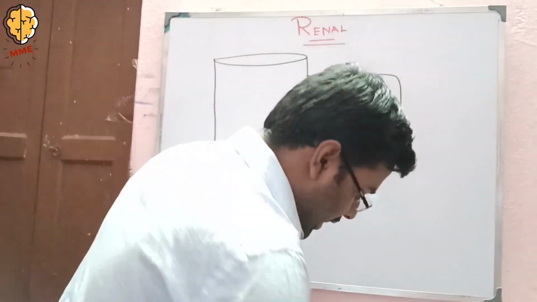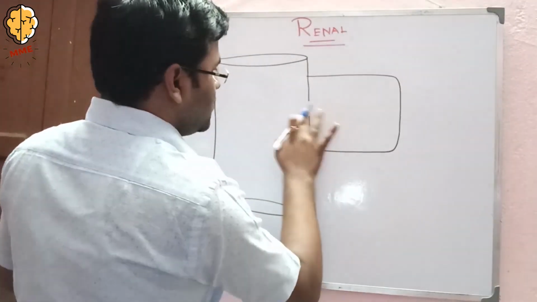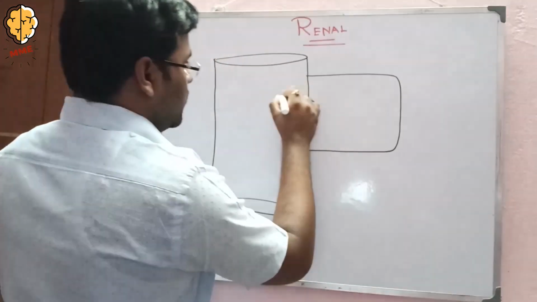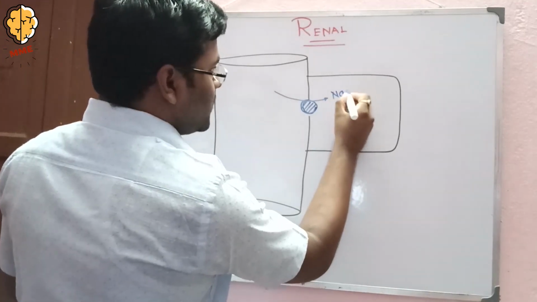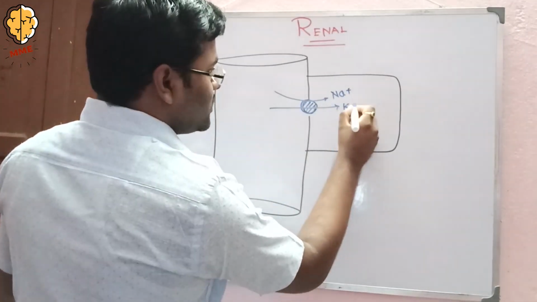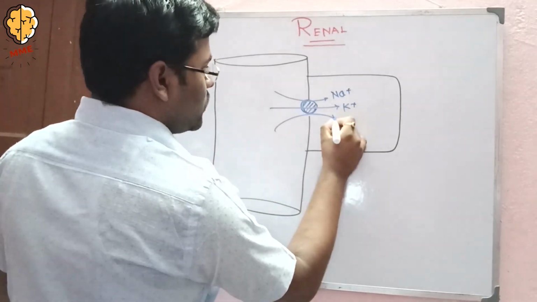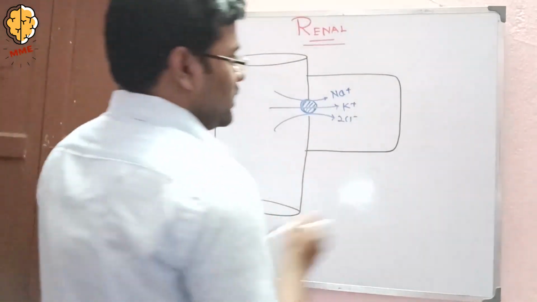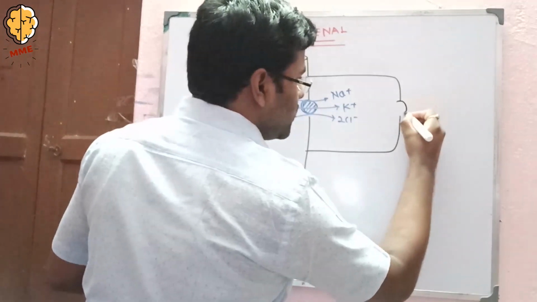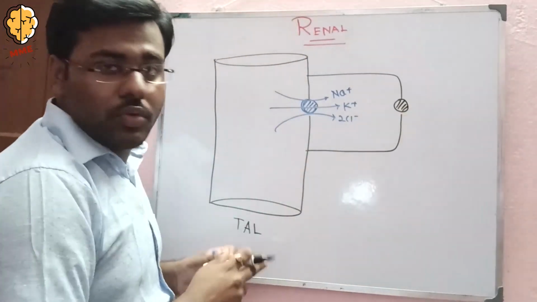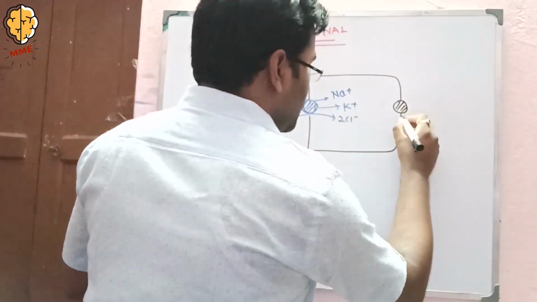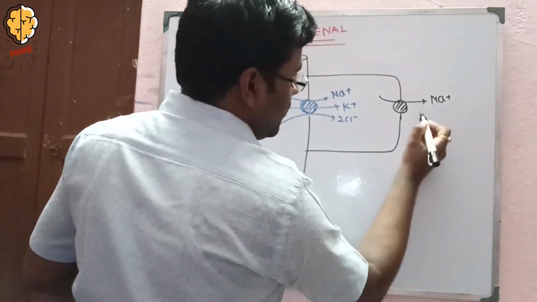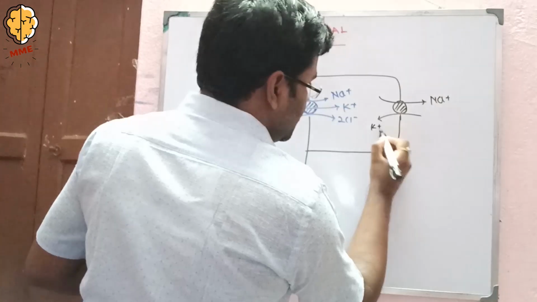We all know there is a pump present there, and the pump transports one sodium ion, one potassium ion, and two chloride ions. On that side there is another pump, the sodium potassium ATPase pump, which transports sodium outside to the blood vessels and potassium inside.